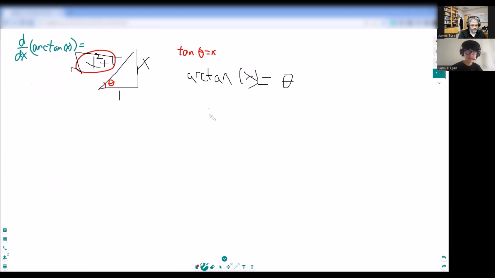No. What actually is tangent? Sine theta over cosine theta. And what rule can you use then? It's a quotient. Oh, maybe, yeah, okay. Wait, but yeah, I have to use quotient.